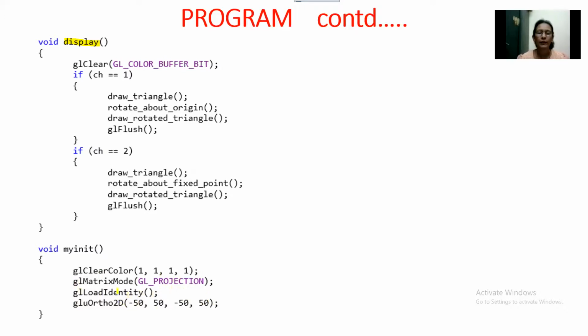In order to define the viewing matrix, we have to move from the model view matrix to the projection matrix. So we do that by glMatrixMode(GL_PROJECTION). Before we set the values, it should first be loaded with the identity matrix. So glLoadIdentity, then gluOrtho2D(-50, 50, -50, 50). This defines my viewing window.